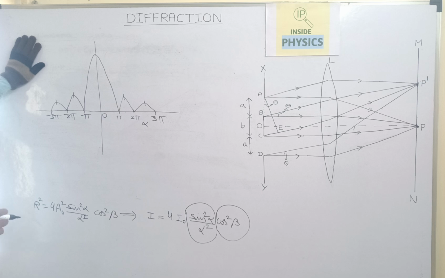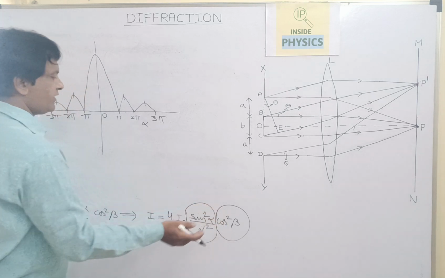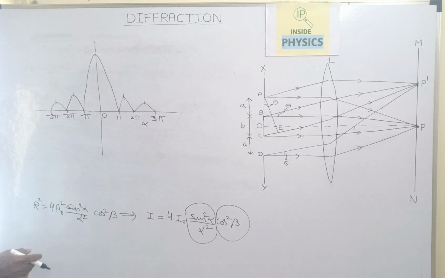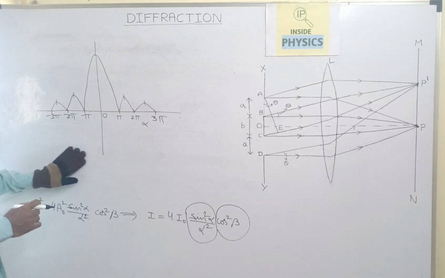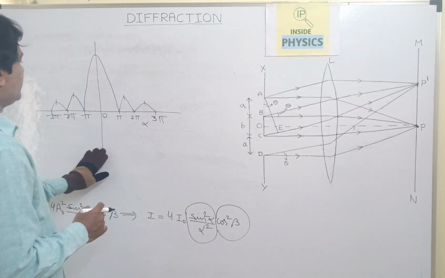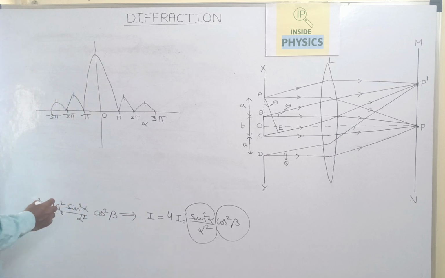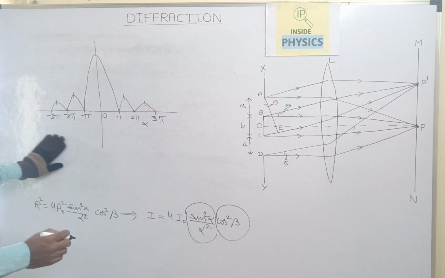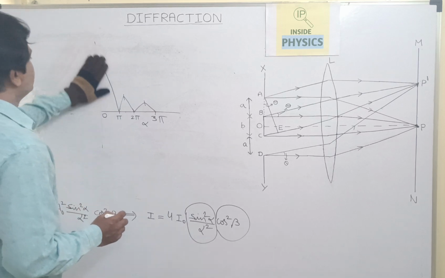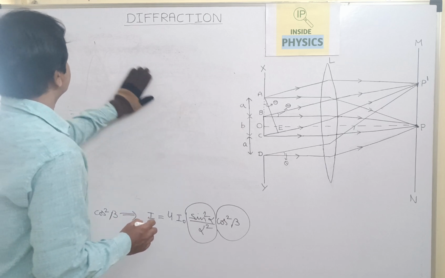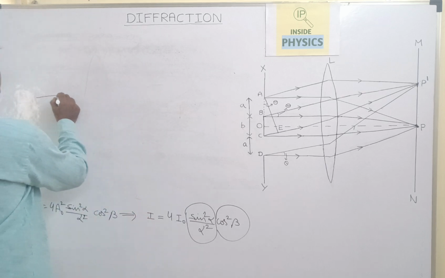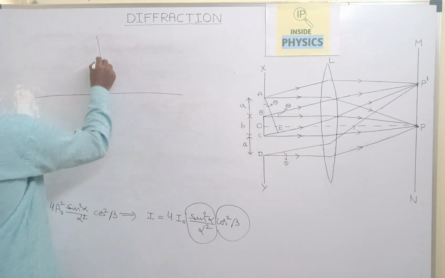If you observe this term, that means when the interference pattern is due to the two slits, this diagram can be taken as follows.